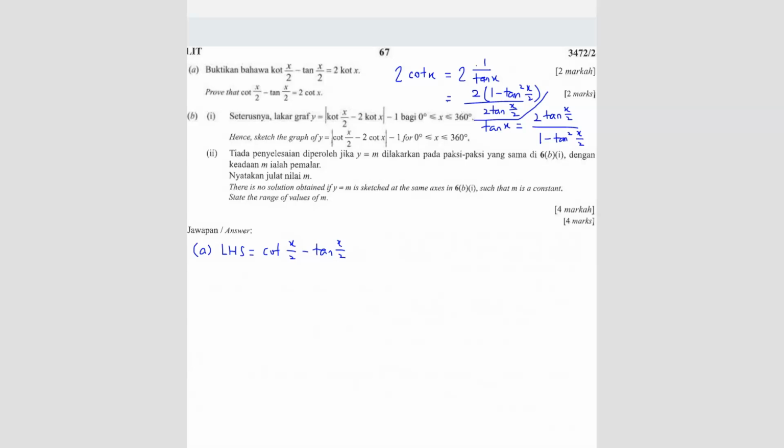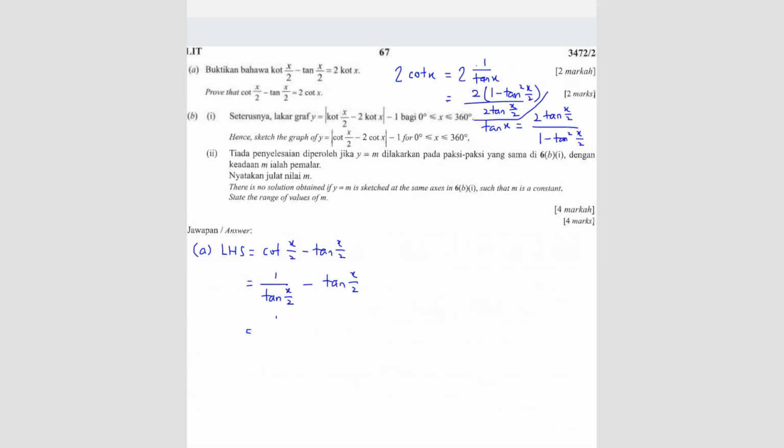I said we make it all in terms of tangent. So this becomes 1 over tangent x over 2 minus tangent x over 2. I'm going to make them the same denominator.